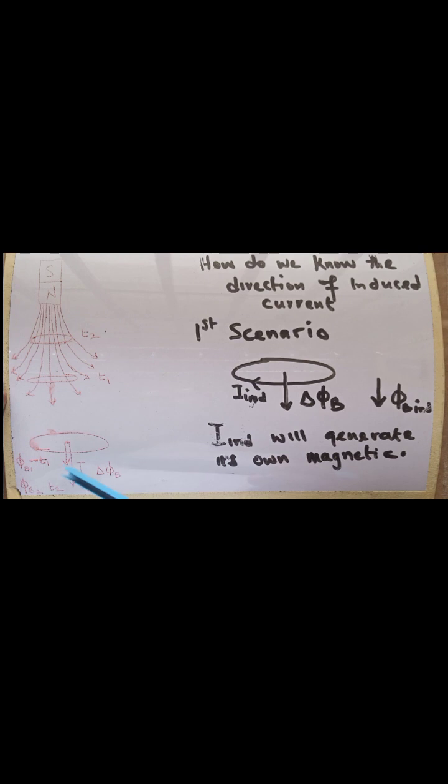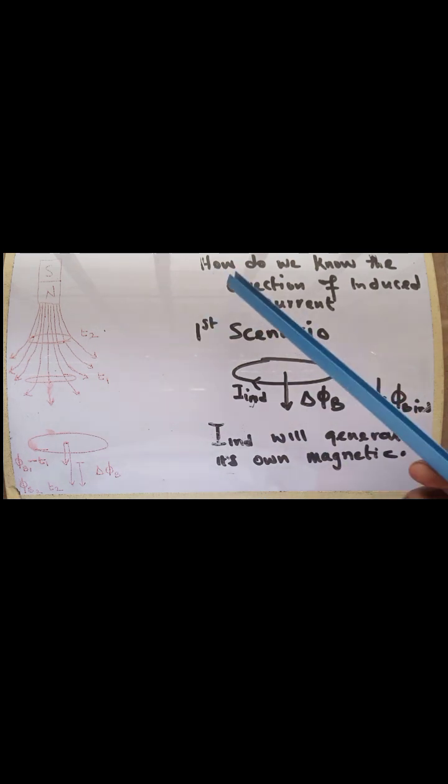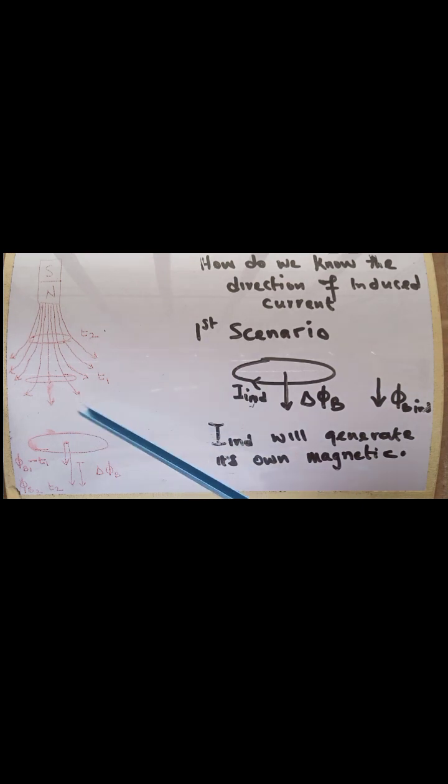Because it's a vector quantity, the difference between this and this gives this particular one, which is the change in flux, ΔΦB. So, because we know from Faraday's law that there will be induced EMF in this loop, now the question is, how do we know the direction of the induced current? Should it go like this, or should it go like this?